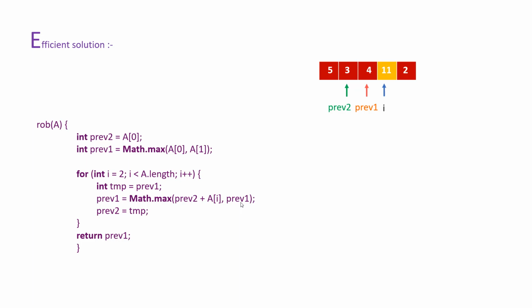Guys, if you can relate, this is kind of like Fibonacci also, we have done such kind of stuff, right? So you have to think out of the box. Once you have the solution, just try to think whether we are going to use the previous calculations or not. Just to help you, let me go back and tell you one thing.